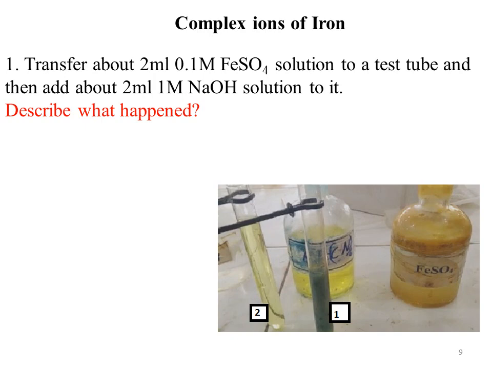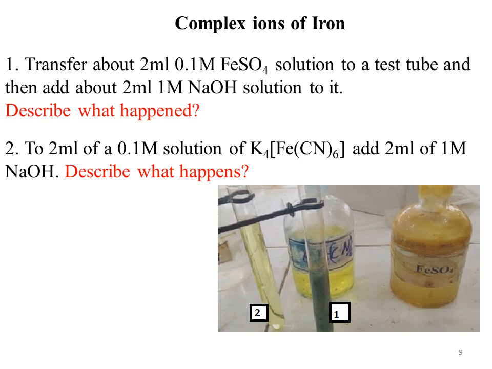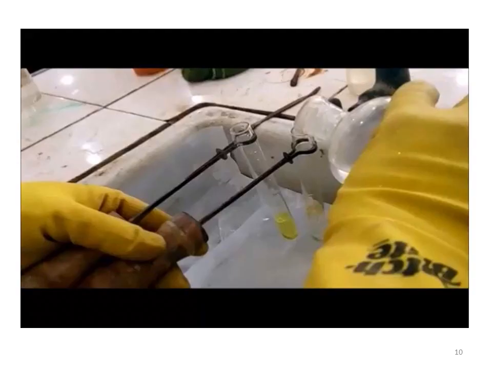While in the second step, you will take potassium ferrocyanide and sodium hydroxide will be added to it. Then further you have to describe what is actually happening here. In this picture you can see the final product of these two reactions, but let's watch the video first.